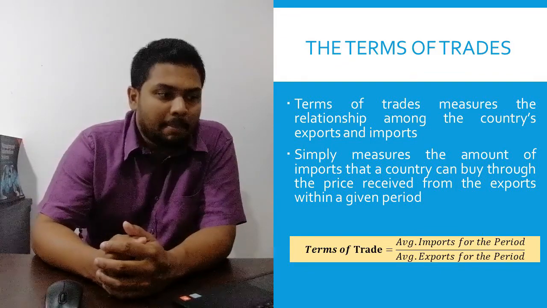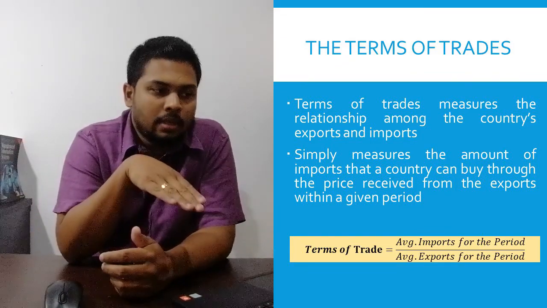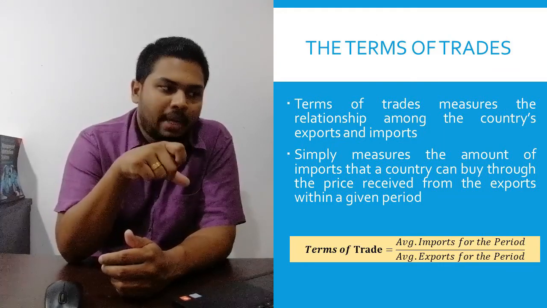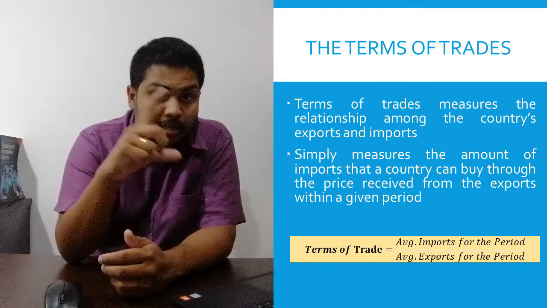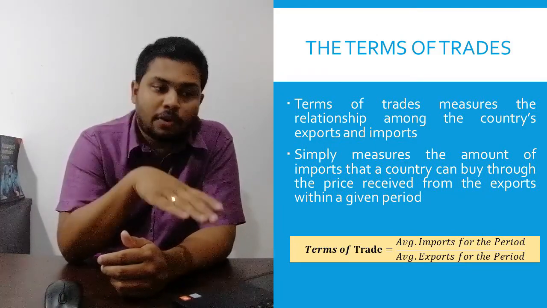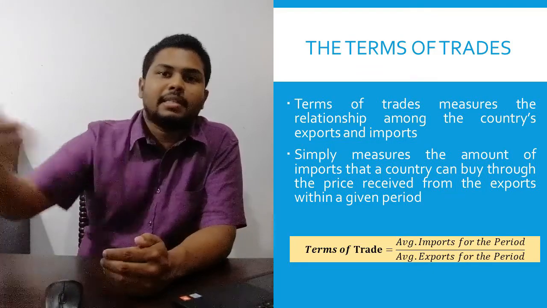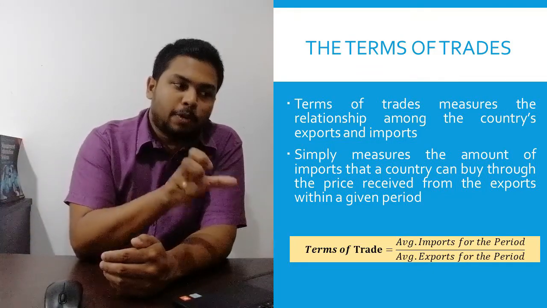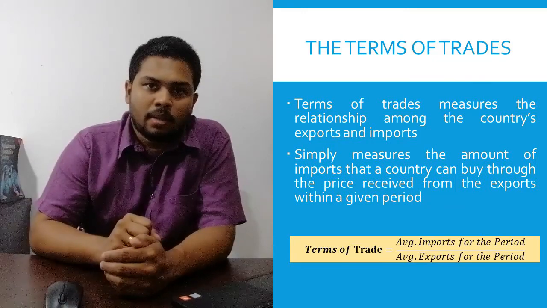Simply, it measures the amount of imports that a country can buy through the price received from the exports. Anyway, we are earning some sort of money from the exports within a given period.